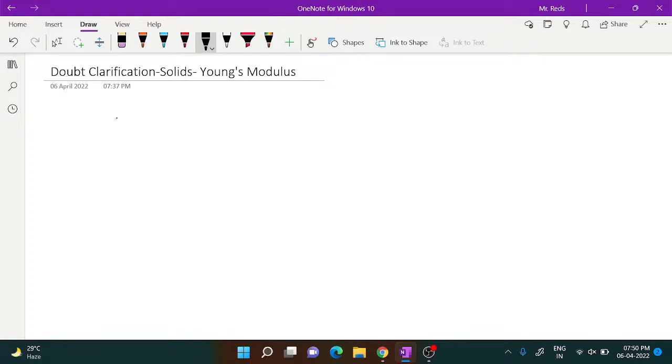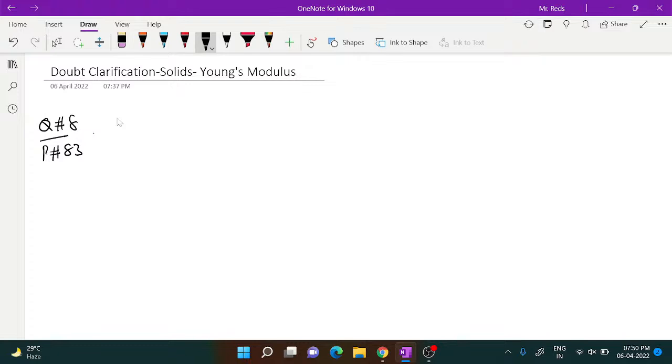Yes. So the question is question number 83. It is given that 4 identical hollow cylindrical columns of steel support a big structure of mass 50,000 kg.